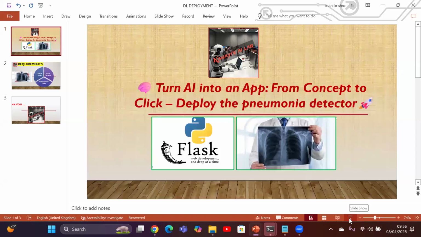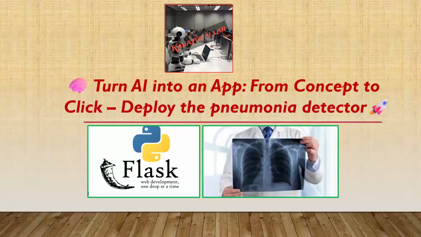By following this structured approach, you can bring AI-driven healthcare solutions into real-world applications. I hope you understood and enjoyed this video on deploying an AI model into a web application, where we connected multiple files and finally deployed it to identify whether pneumonia is present in the chest X-ray or not.